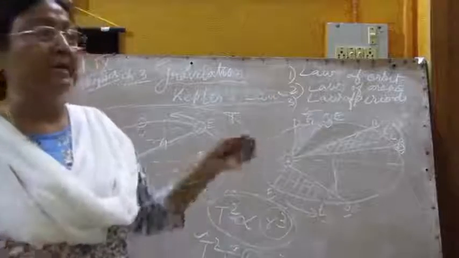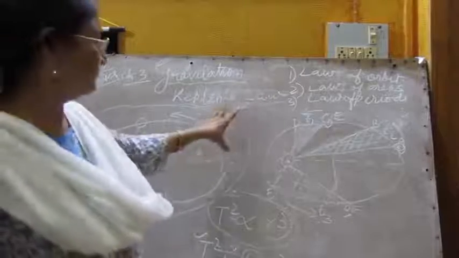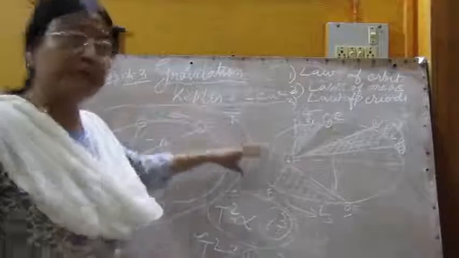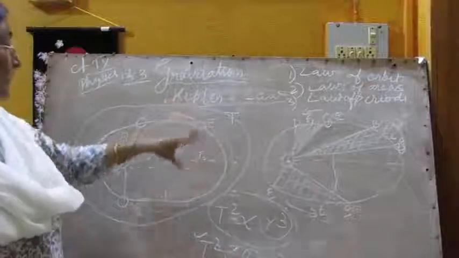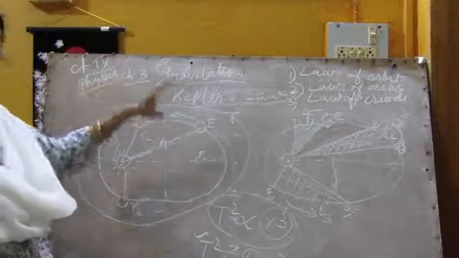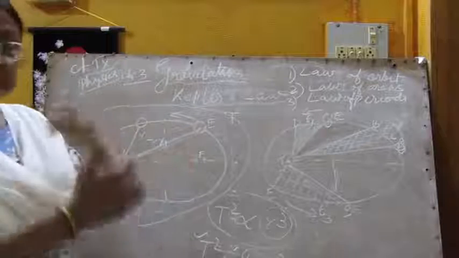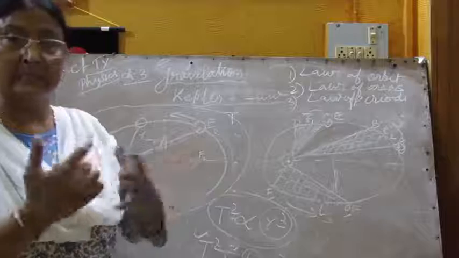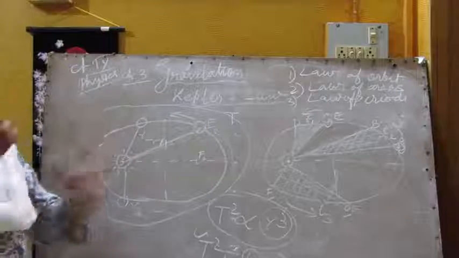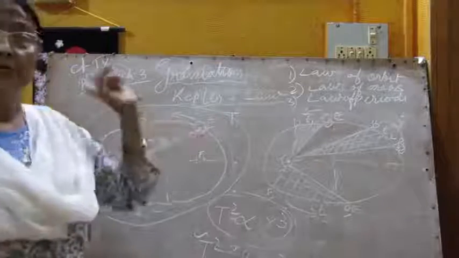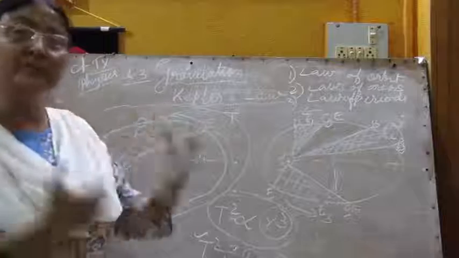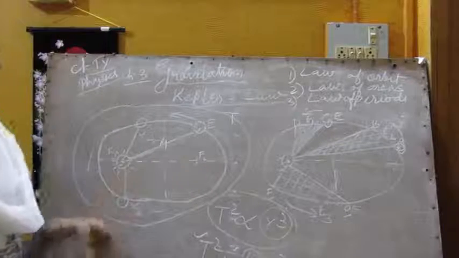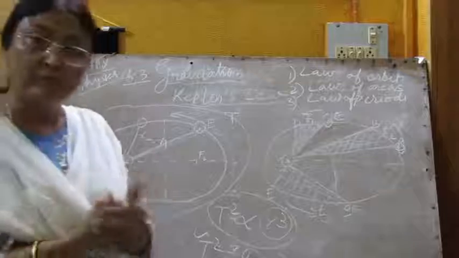The planets revolve around the sun, the sun revolves in the galaxy, and galaxies revolve relative to one another. One galaxy revolves around another galaxy. In this way, throughout the universe, all the objects are moving.